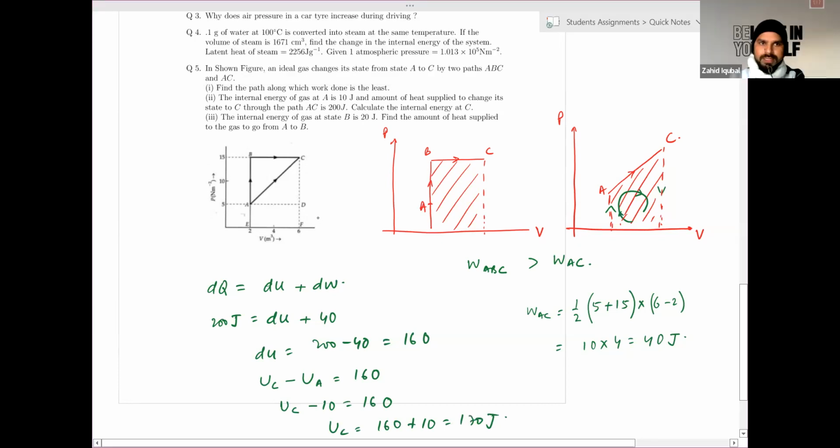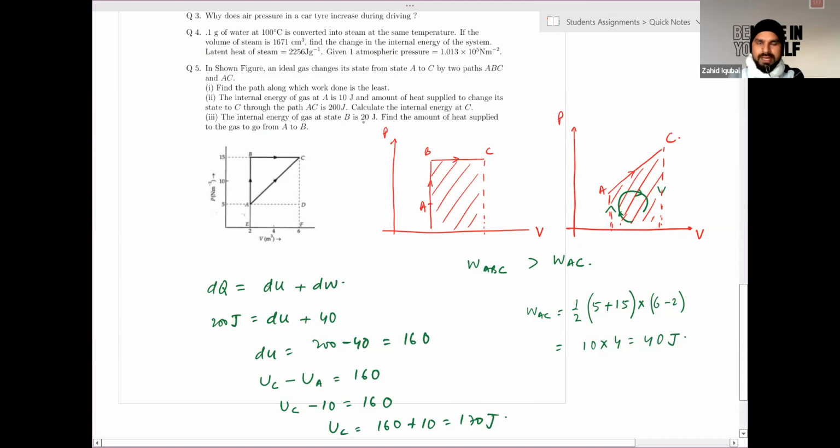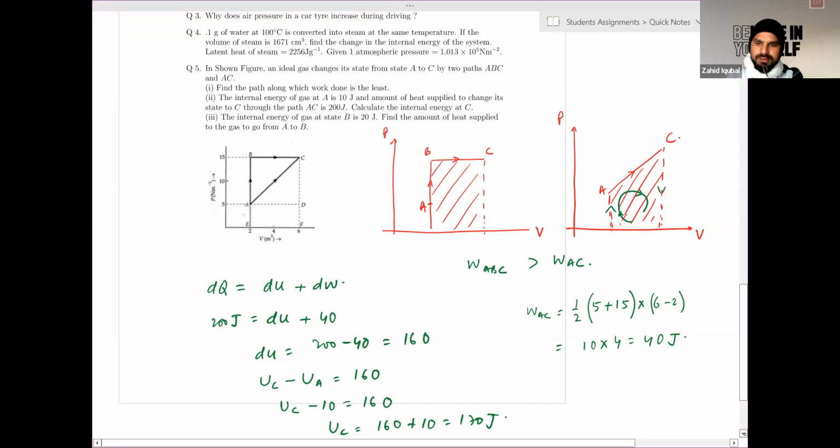Okay, any doubt? No, sir. In the third part, we have to calculate, the internal energy of gas at point B is 20 joule. Find heat supplied to go from A to B. Similarly, we may calculate work done along this path.